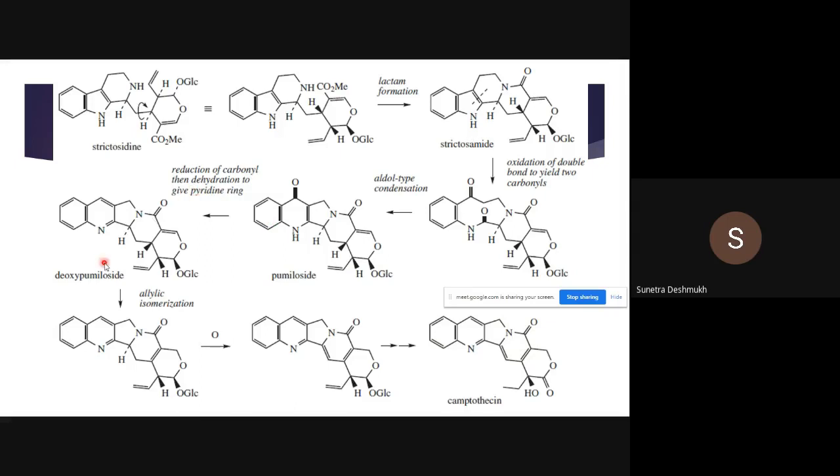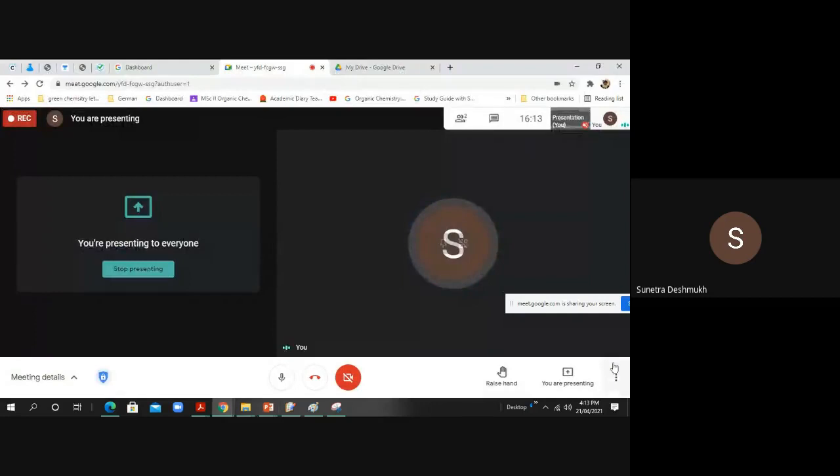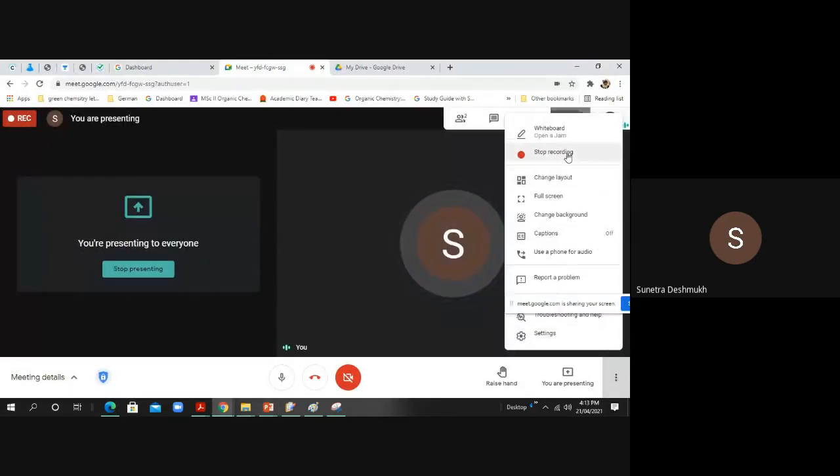All these enzyme-catalyzed reactions occur, and finally we get camptothecin as the final product. Pumiloside is also one of the intermediates we get, and strictosamide is also an active intermediate. In this way we can go through the synthesis of all these tryptophan-based alkaloids, and we can take help of our book, like the Dewick book, which is one of the best options to study all these alkaloids.